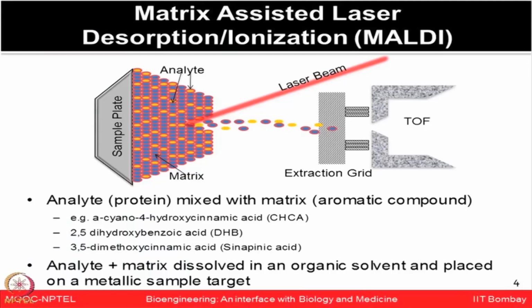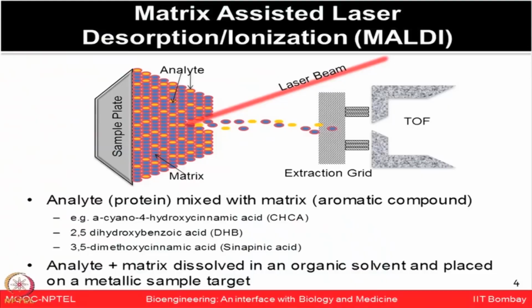Here in this image it is shown that the analyte, or the protein of interest, is mixed with the matrix, which could be some aromatic compound. Different types of matrix could be used, like alpha-cyano-4-hydroxycinnamic acid, or 2,5-dihydroxybenzoic acid or DHB, or sinapinic acid.